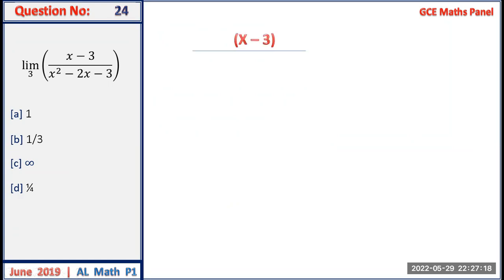When you factorize this denominator, you're going to have x minus 3 into x plus 1. At this point, we can now cancel out, and we'll be left with 1 over x plus 1, right? Yes, sir. And we apply the limit as x tends to 3, we'll have 1 over 3 plus 1, which is equal to 1/4.